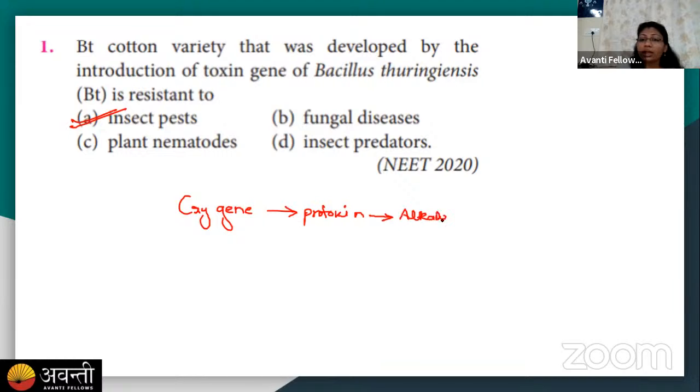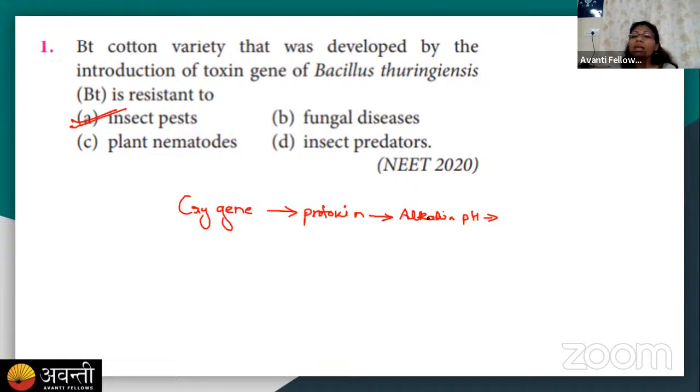Alkaline pH is only possible when the plant is eaten by an insect. When the insect eats part of a plant, the toxin granules enter the gut of the insect, and the gut of the insect has alkaline pH.